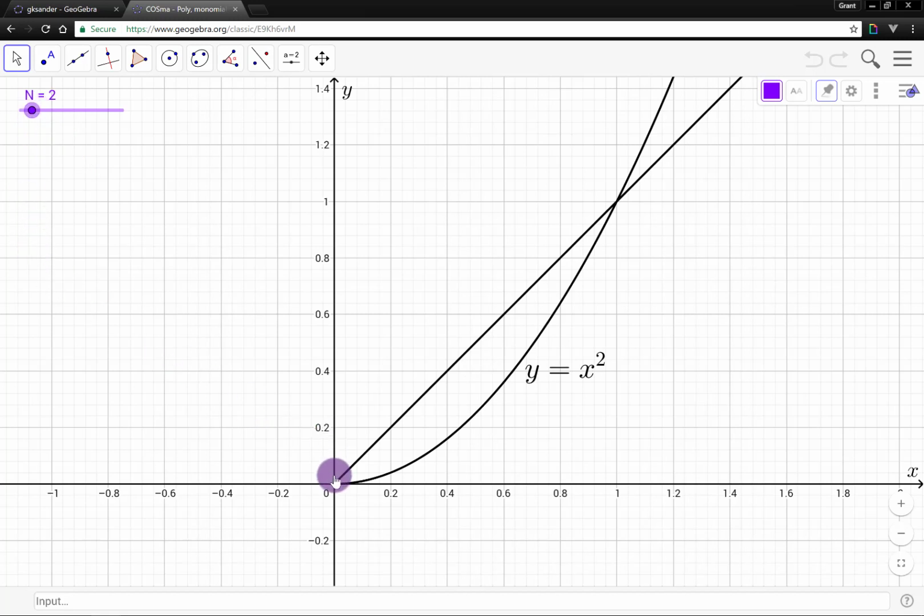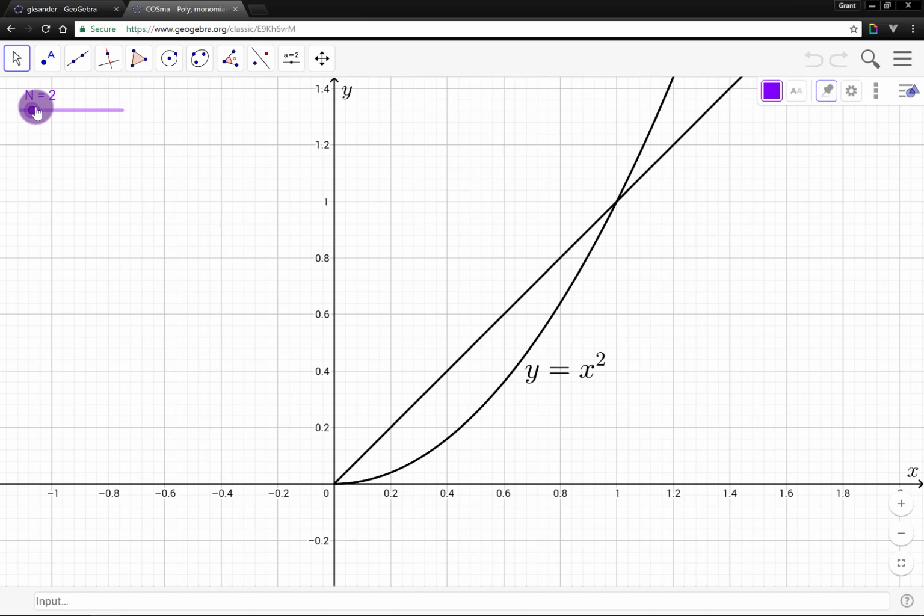So we'll keep y equals x, and then we'll also add the graph of y equals x squared. And from x equals 0 to x equals 1, we notice that the output of x squared is actually less than the output of y equals x. So for each value of x, the y value on this x squared graph is less than the y value on the y equals x graph.